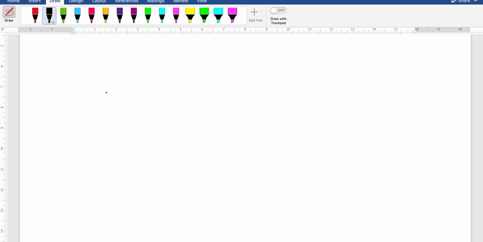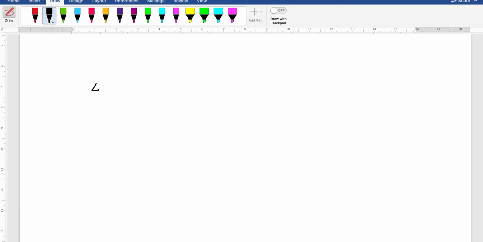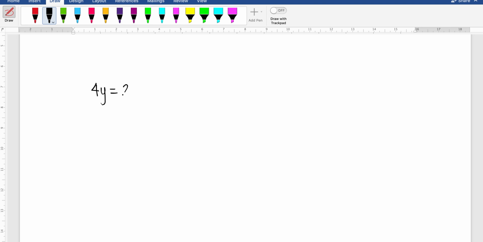We have a rule, 4y equals 2x take away 8. This rule is not in the form of y equals mx plus c, the gradient y-intercept form. So it has a different format.